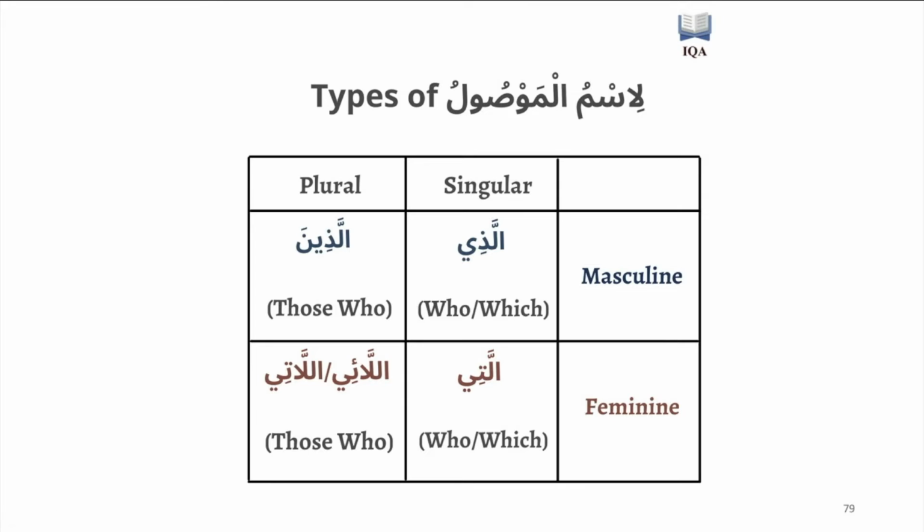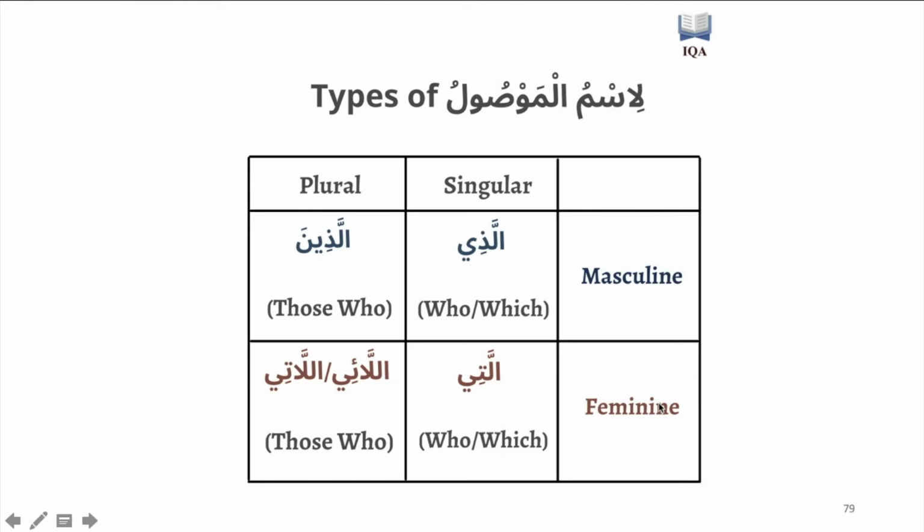The plural masculine is alladhina, which comes very often in the Quran. It has no direct equivalent in English, but we translate it as something along the lines of those who. So if I'm speaking about a group of male Muslims, I will say al-muslimun alladhina, the Muslims who, or those who.